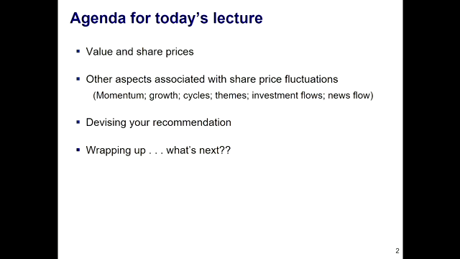We need a catalyst, an event, something that will trigger the correction of the divergence of price from value. But over the long term, price should follow value. It's just uncertain how long that correction will take.